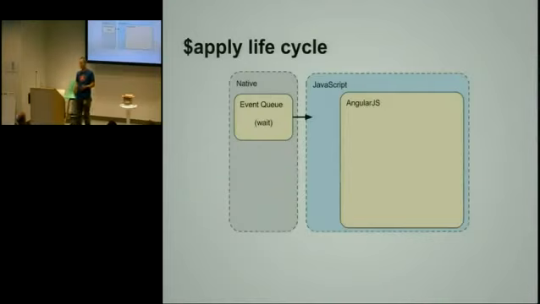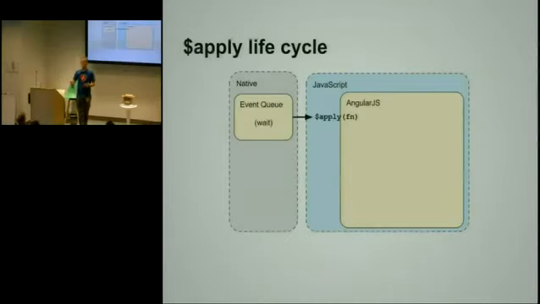So the event happens. The browser will call into the JavaScript, and in an Angular application, that will typically call some callback that was set by the framework or by your code, and that callback will call the apply function with some kind of handler, in this case, fn. So fn is the logic that should happen when the event happens.